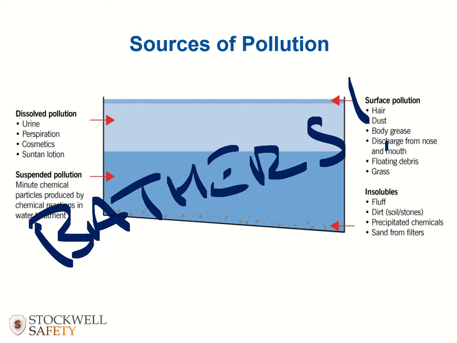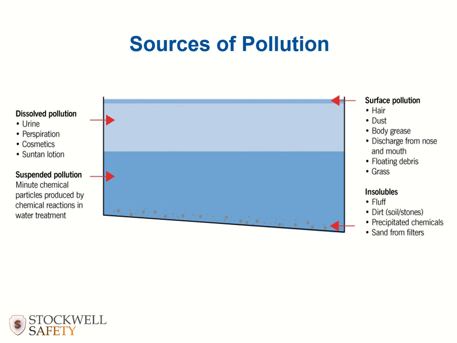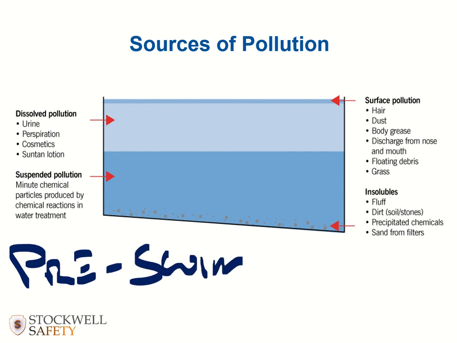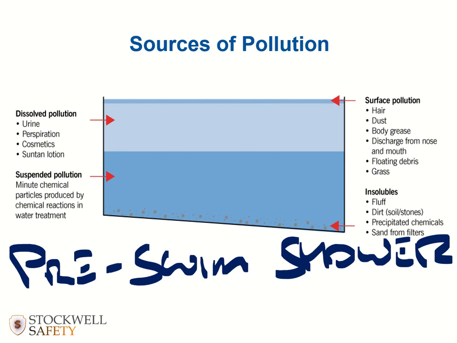So the most effective thing that you can do to prevent that pollution from finding its way into the swimming pool water is to get bathers to take pre-swim showers, and also to go to the toilet.